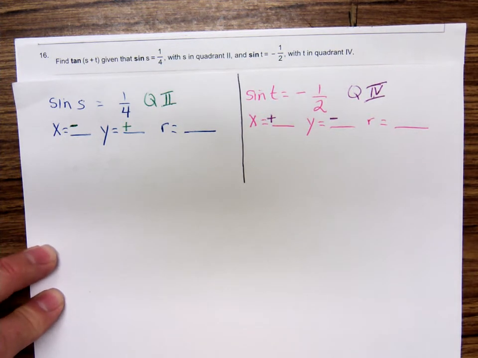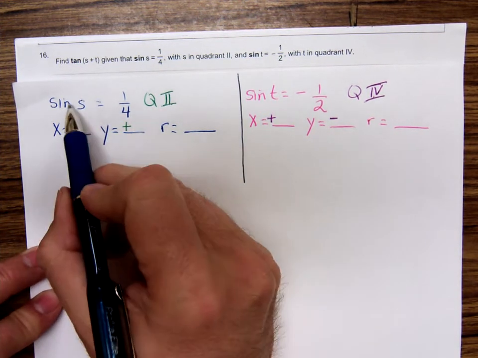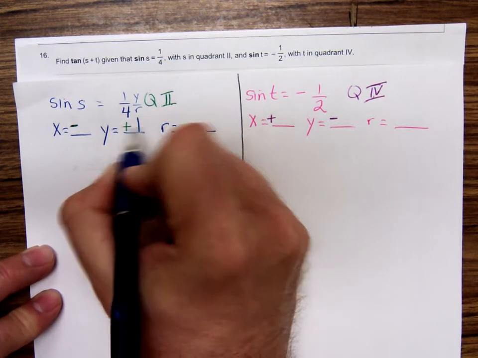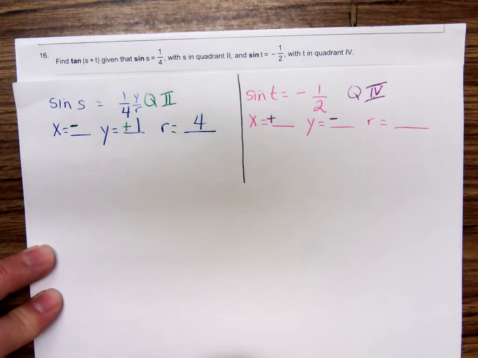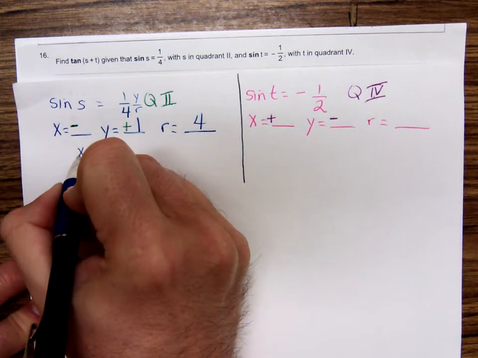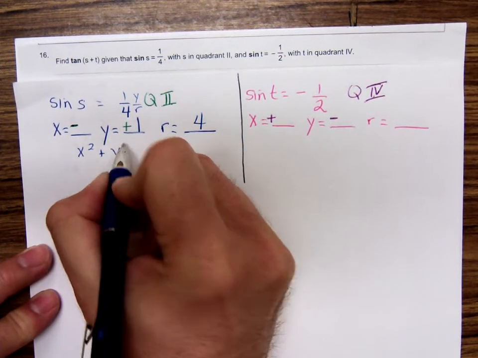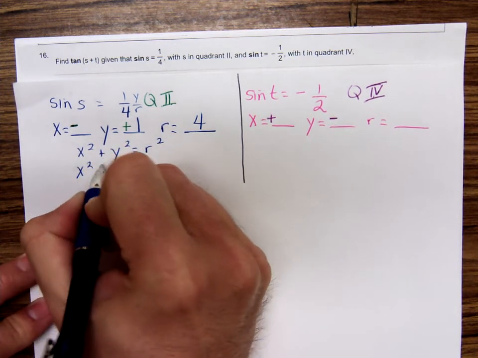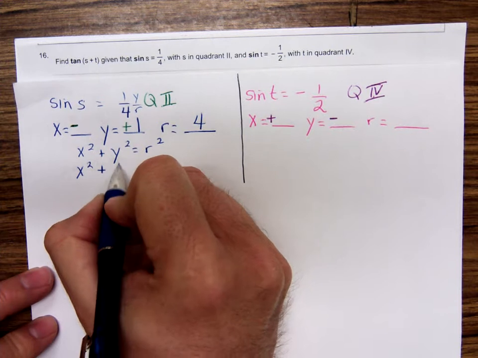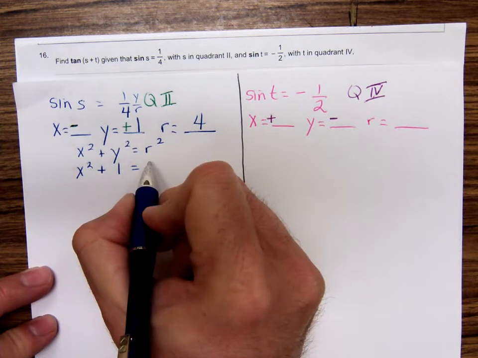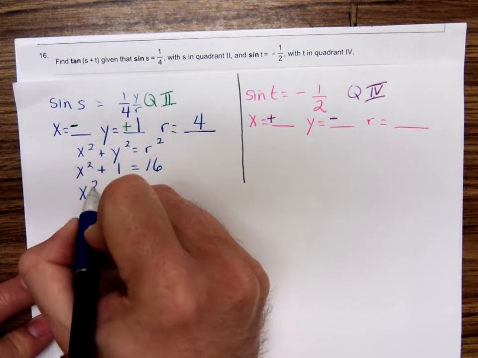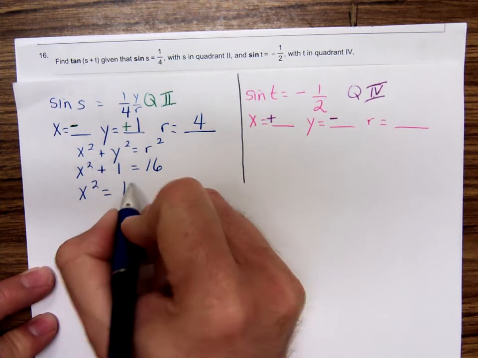So let me work with S. Sine is Y over R, so a positive 1 over R. X squared plus Y squared is R squared, so X squared plus 1 squared is 4 squared, which is 16, so I'll subtract the 1 and get a 15.